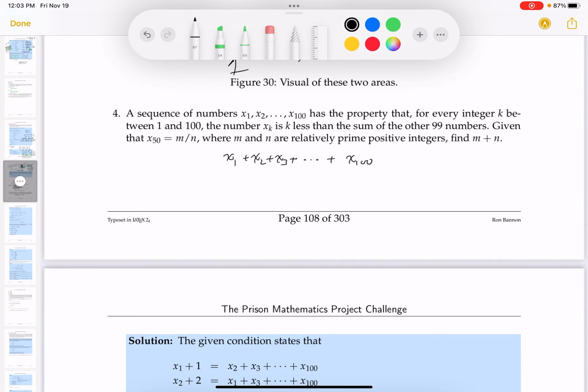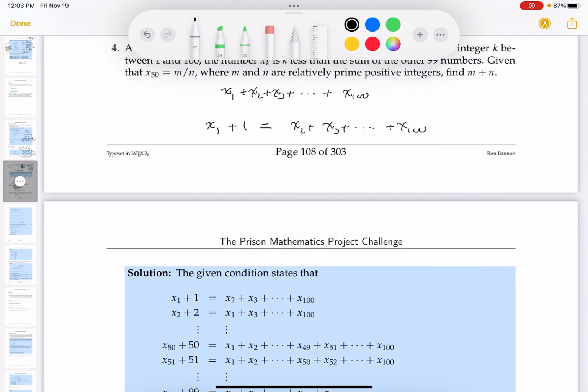So let's see if we can understand just one simple statement out of it. Let's do x1, plus 1, the sum of the remaining other terms. That would be x2 plus x3 plus yada, yada, yada, up to x100.